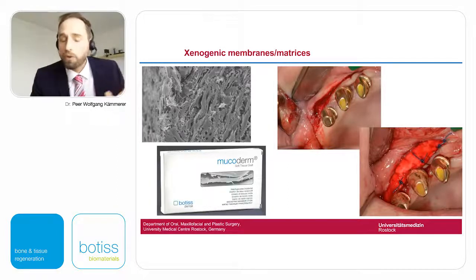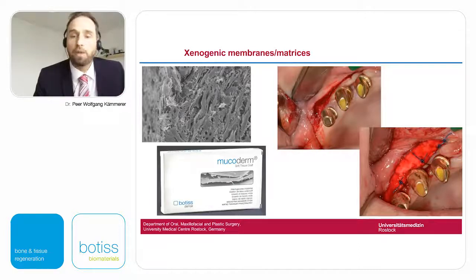There's Mucoderm, which is a 3D soft tissue graft derived from porcine dermis, and it's said to support revascularization and fast soft tissue integration, and is a valid alternative for patients' own connective tissue.